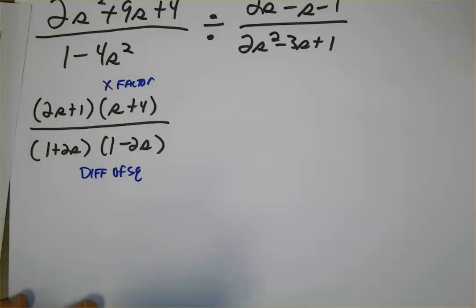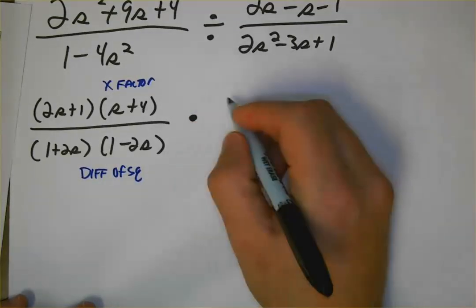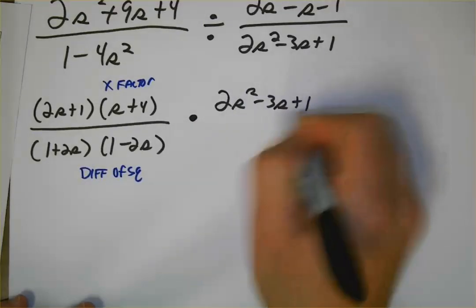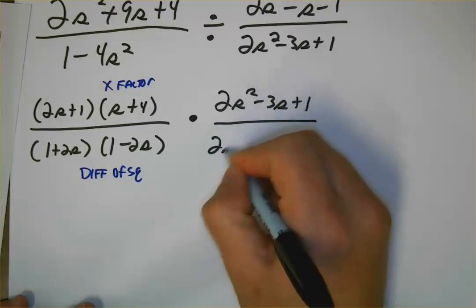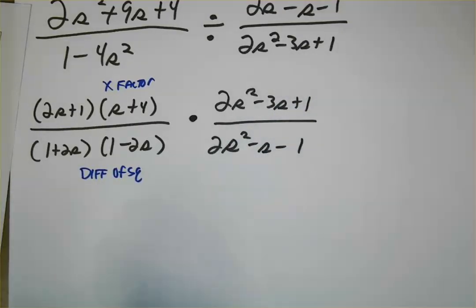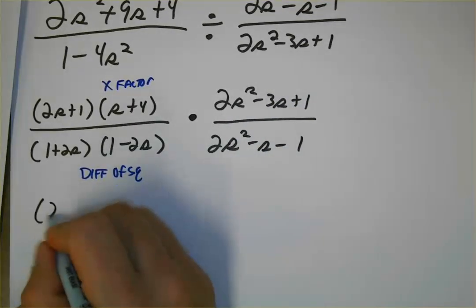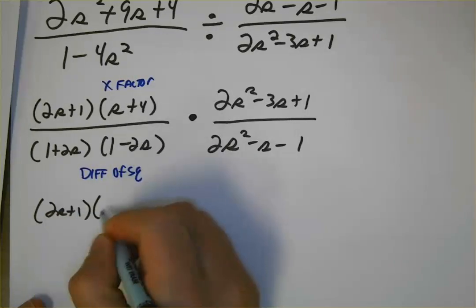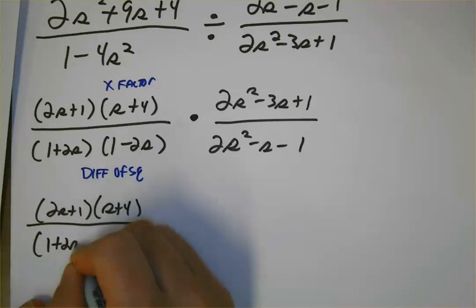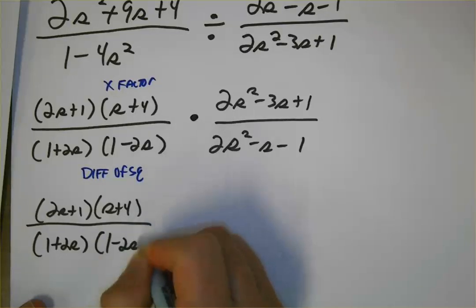Now you can see you got that, and then let's do keep, change, flip. So now you have 2s plus 1 times s plus 4 over 1 plus 2s times 1 minus 2s.